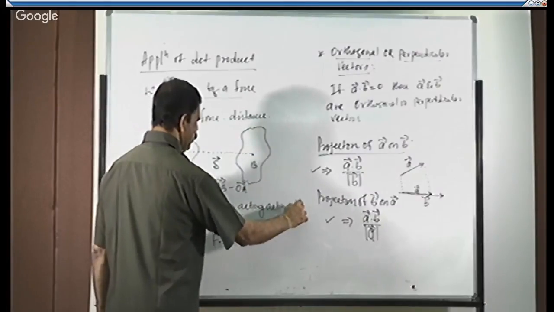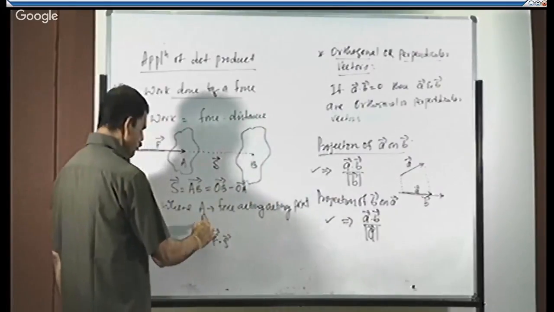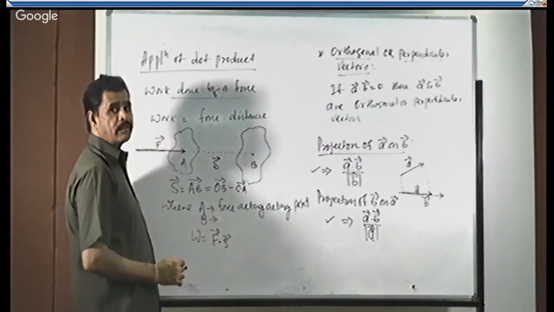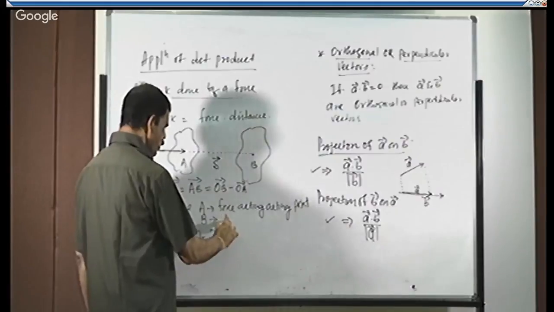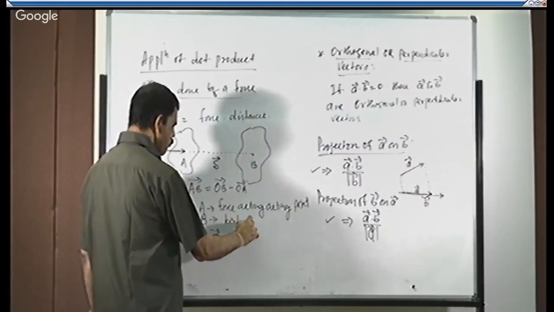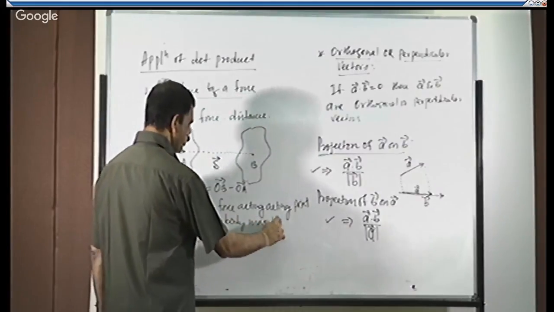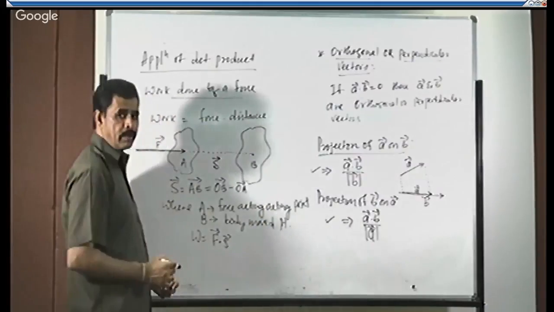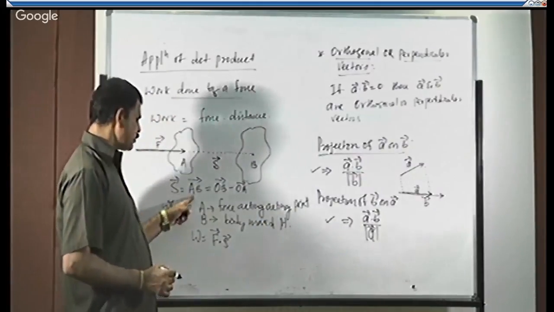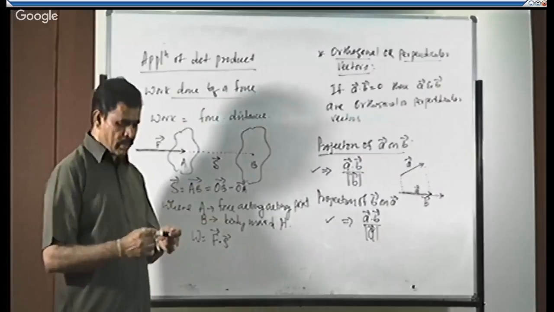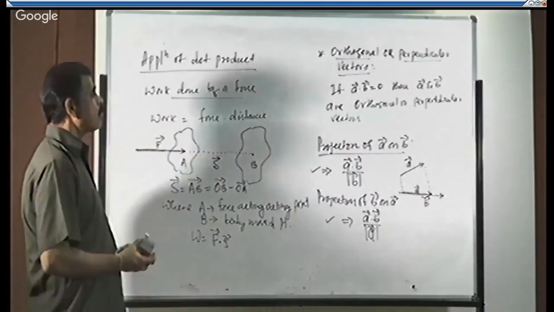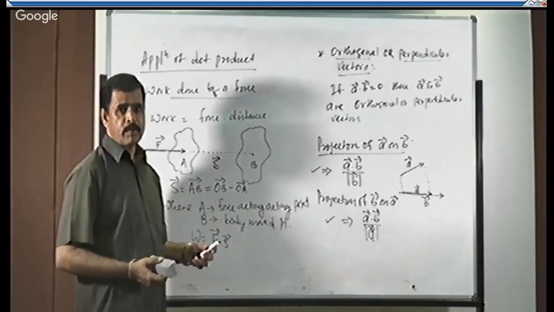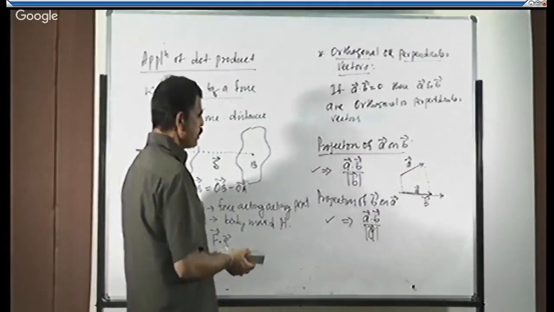B is always considered the point to which the body moves. The moved point will be taken as B. Then you will get S is equal to AB. This is an application of dot product. Let us work out problems on each property and also on the application, right?